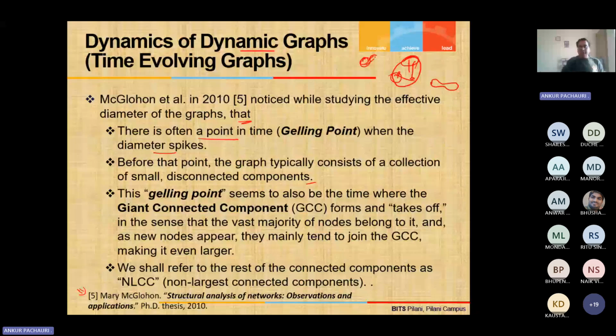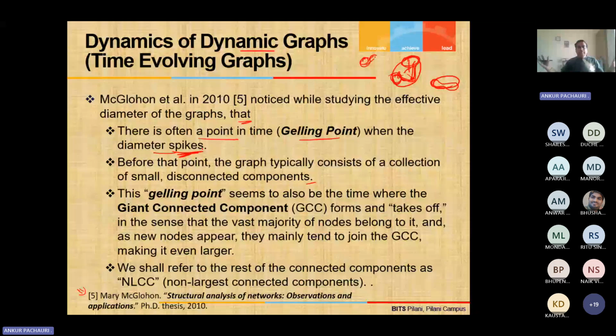Then when the number of nodes and the connectivity increase, it becomes an oval shape. The moment those two clusters merge to form a bigger cluster, that point was called the gelling point. And suddenly the diameter varies.